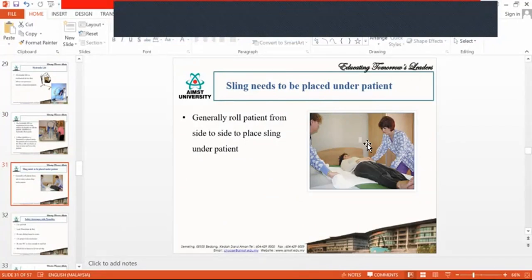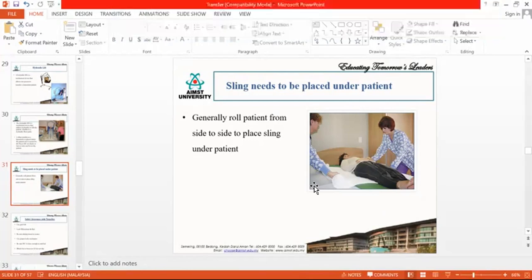In that way, the patient will be lying on the bedsheet. Then you can hold the bedsheet and lift the patient from one place to another. That's what we do in 3-person or 4-person transfers. So these are the types of transfers.